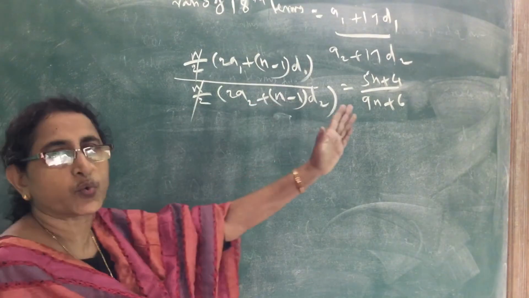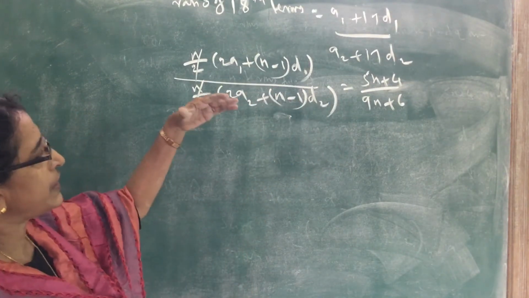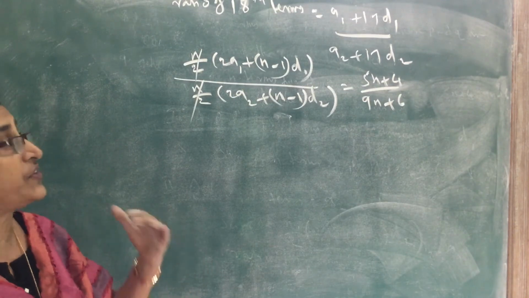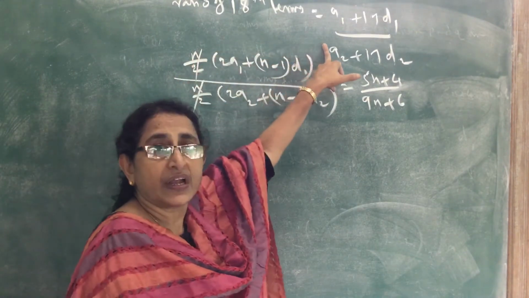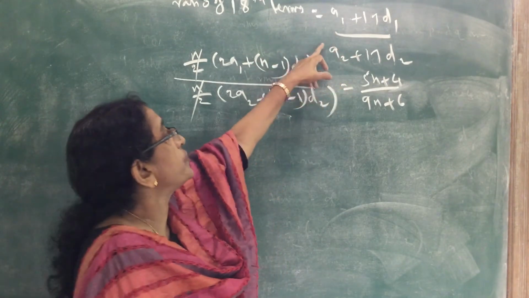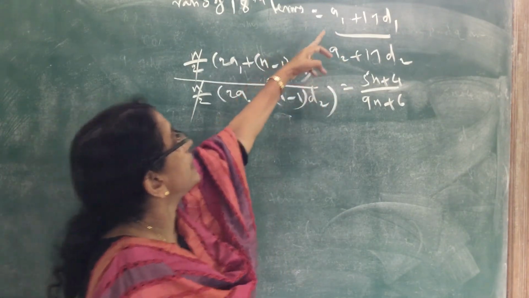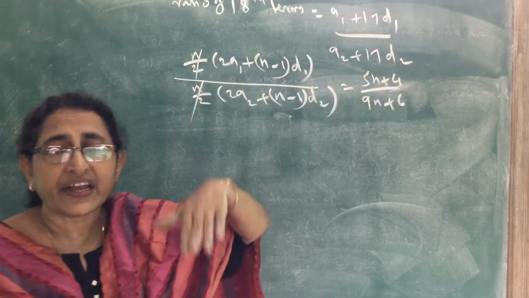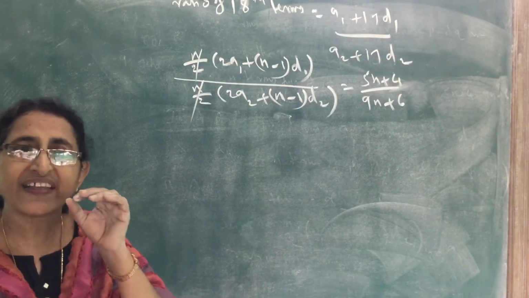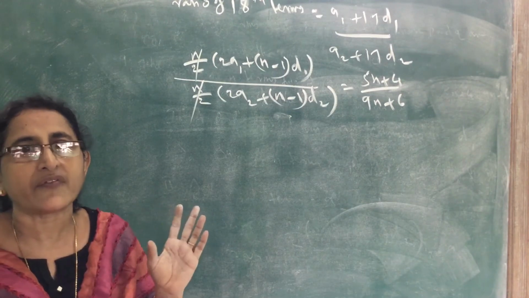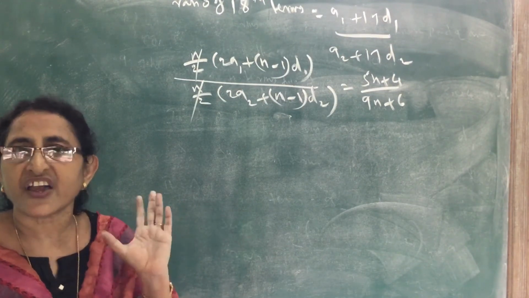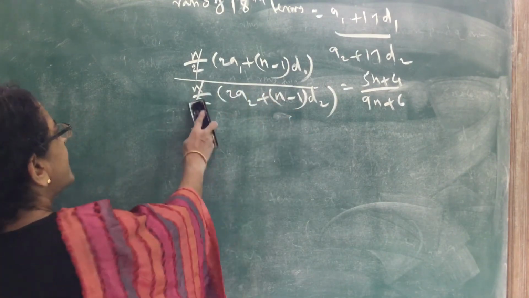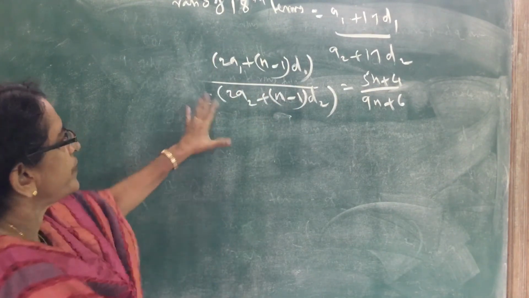For what value of n do we get the ratio we need? The question asks for the ratio of 18th terms, a1 plus 17d1 divided by a2 plus 17d2. We don't want the values of a1 or d1, only the ratio.